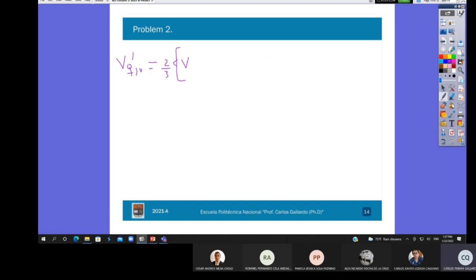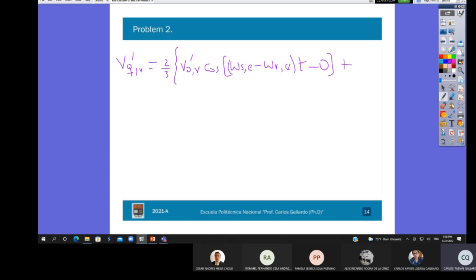I will have the voltage A times cosine of the stator electrical speed minus the rotor electrical speed times the time minus 0, because this is the reference.